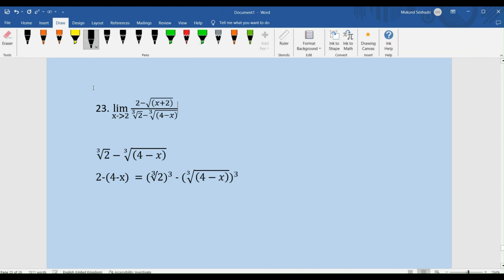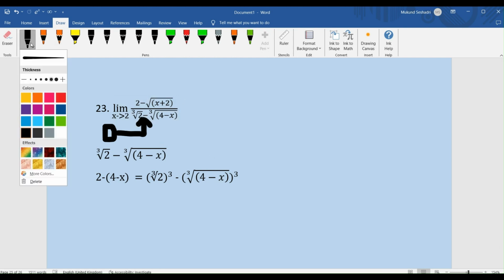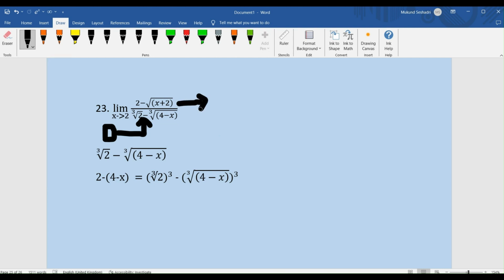So let me write this as denominator to avoid confusion. So this is d, which is my denominator, and let me call this as n, which is my numerator, right? So when I further expand this, what do I get?